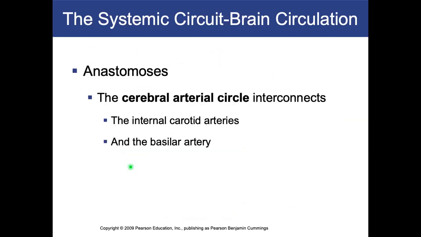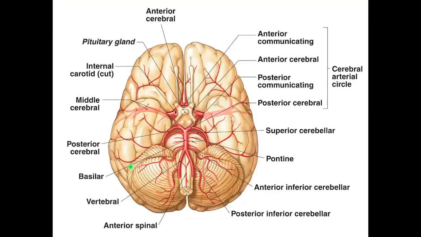So you have this circle. It's called the circle of Willis from these arteries. So you have those vertebral arteries coming up that form this posterior cerebral communicating artery, right, region, and supplies this part of the brain with blood.